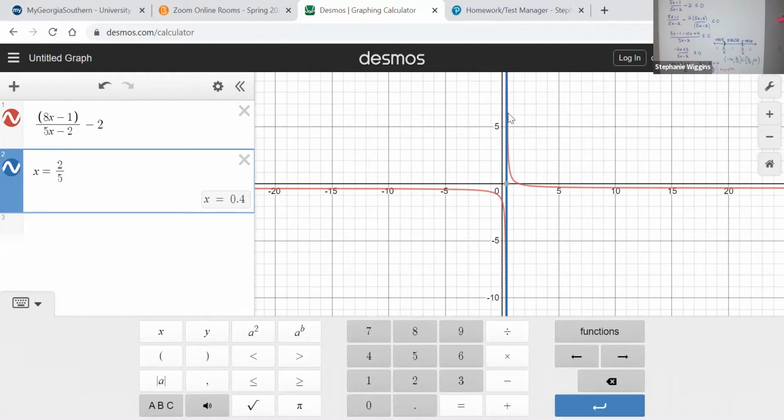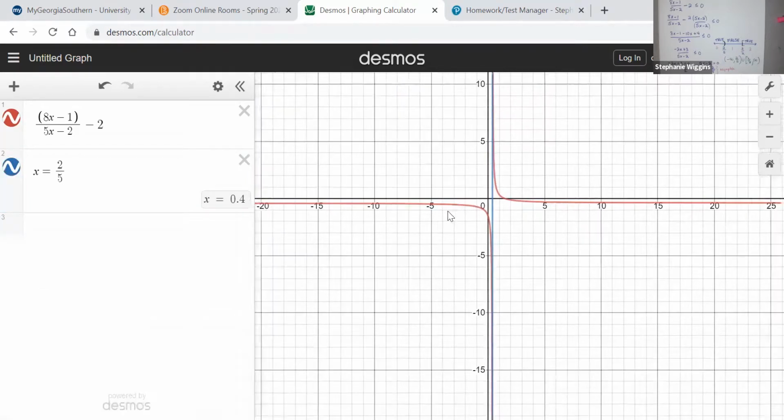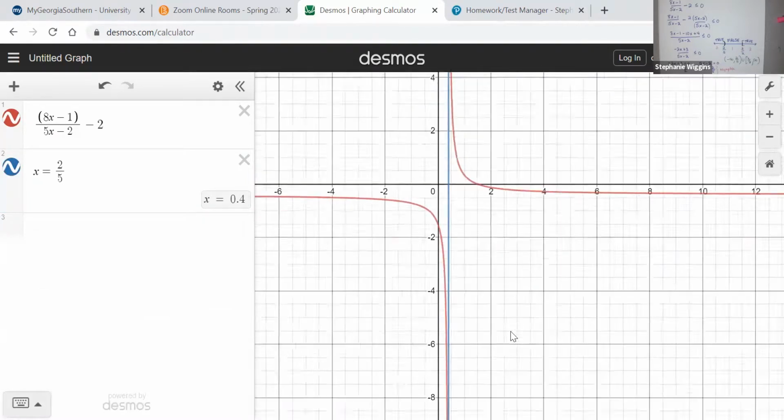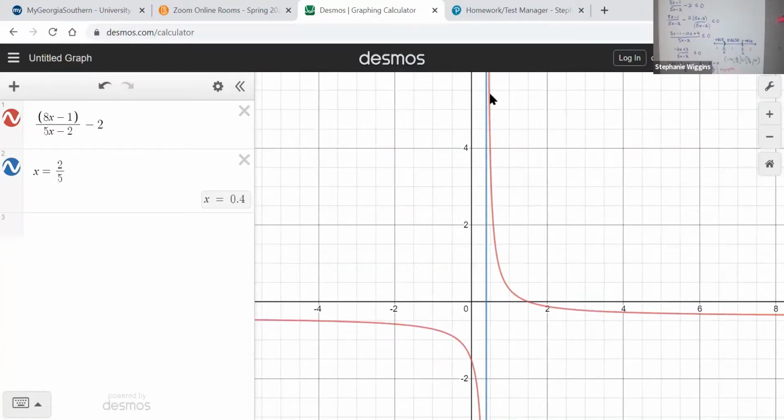But then it's above the x-axis, and I want to zoom in a little bit more here. It's above the x-axis on the positive side of the asymptote, and then until we get right here at this 0, now this is 3/2, then it dips below.